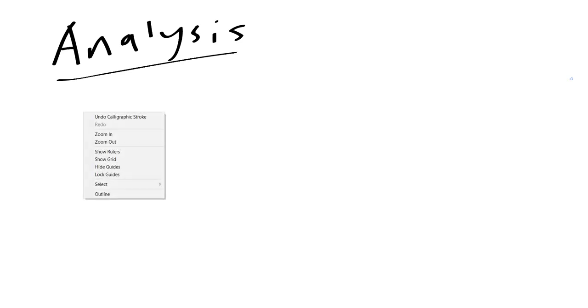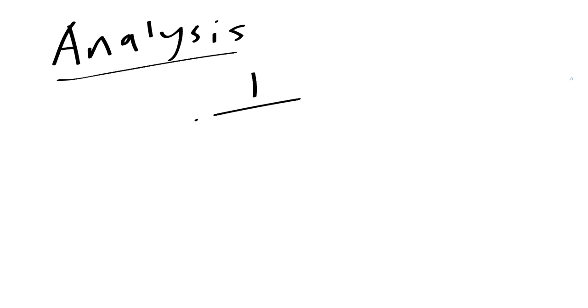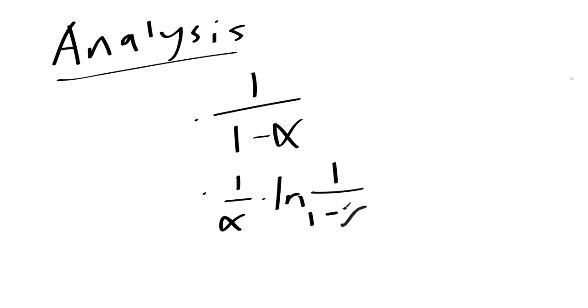We get 1 over 1 minus our load factor steps for unsuccessful search, and we get 1 over our load factor multiplied by the natural log of 1 over 1 minus our load factor for successful search.